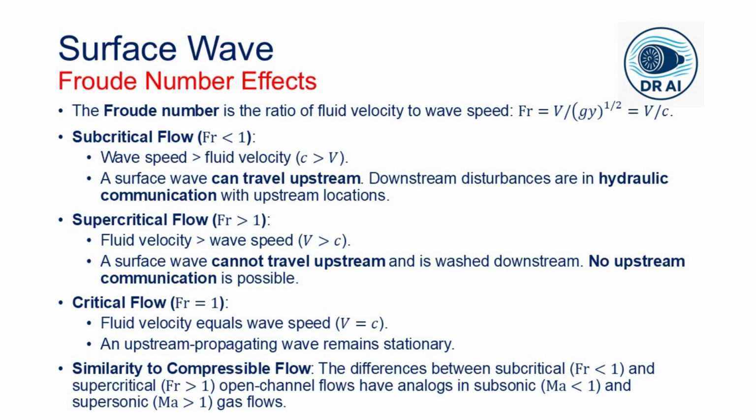Now, concluding this lecture, today we took a deep dive into the heart of open channel flows. We derived the speed of a surface wave and saw that in the shallow channels we care about the most, it's simply c is equal to square root of gy.